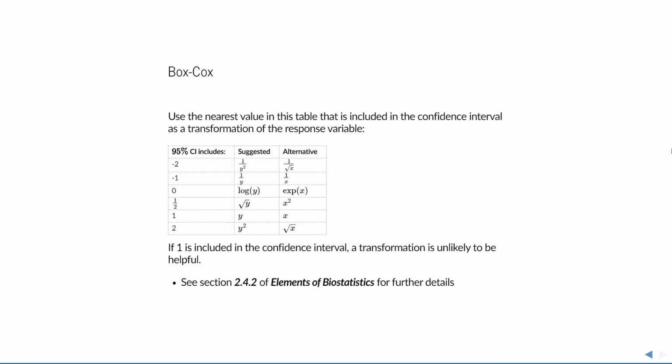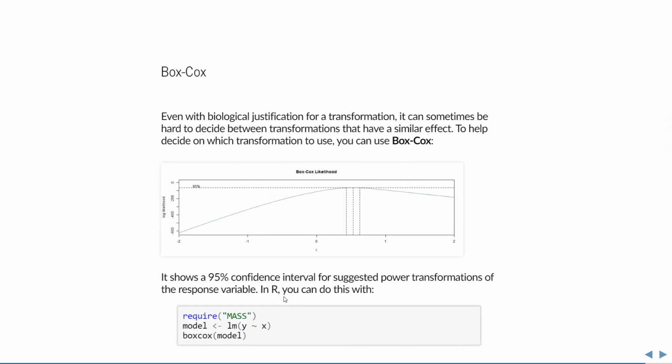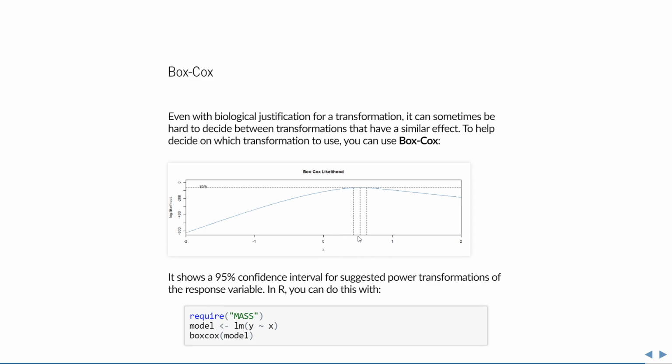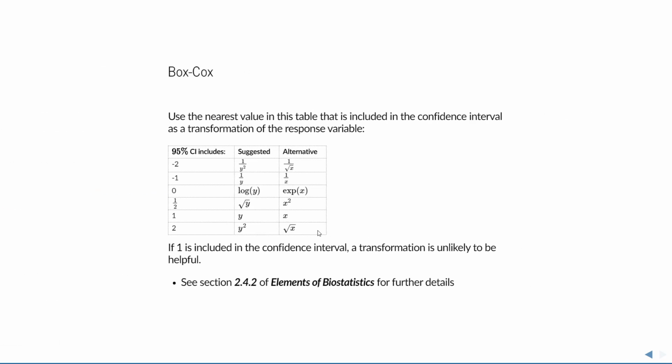So once you have the plot, what you want to do is look for the nearest value in this table and use that as a transformation of the response variable. For reasons that I go into detail in the book, you don't want to use a transformation of 0.543, whatever this is, but instead you would want to use a nice fraction, like a half. So if a half is included in a plot like this, then you could use the square root of y. Or you could use the square of x, which has the same effect, more or less.